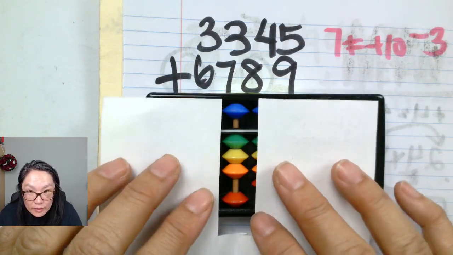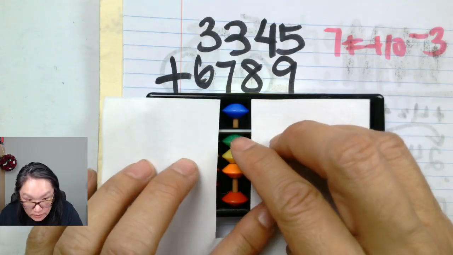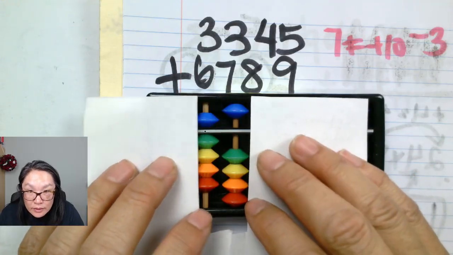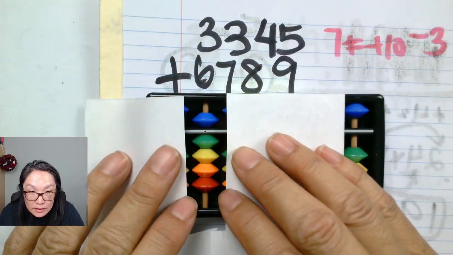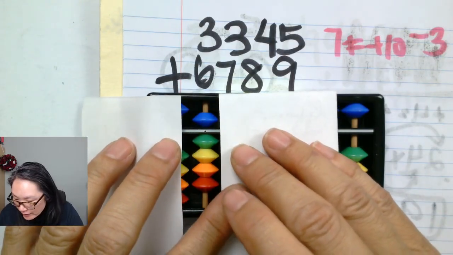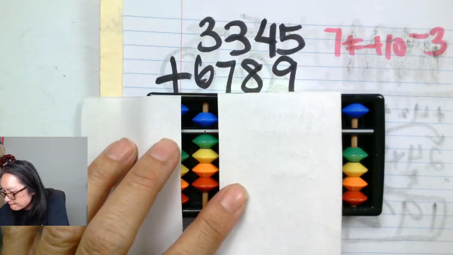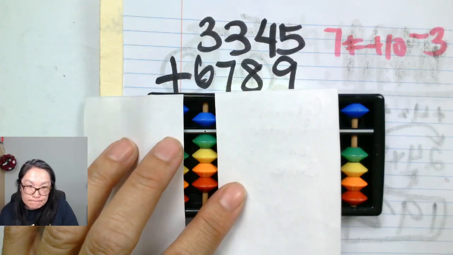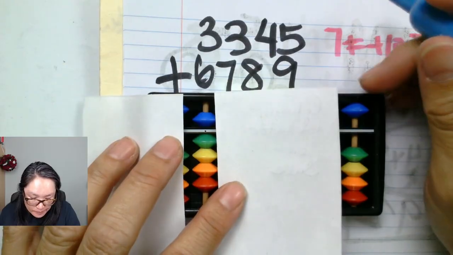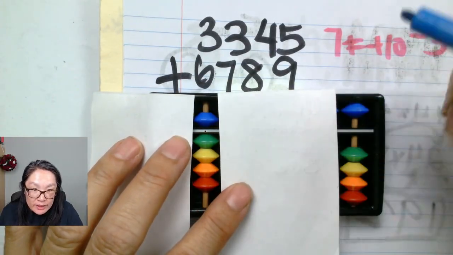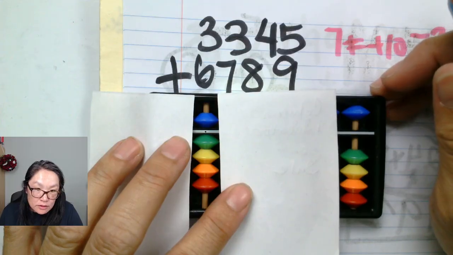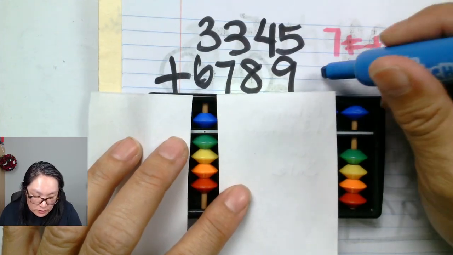So, Sophia, I'm going to minus the 3. And then what do I do? I plus the 10. Can you plus the 10 here, Sophia? How do you plus 1? No, you can't.